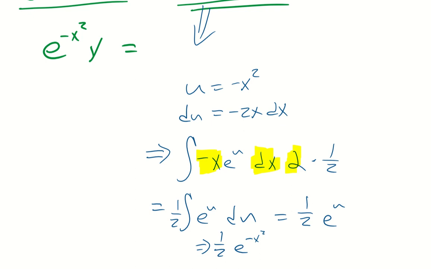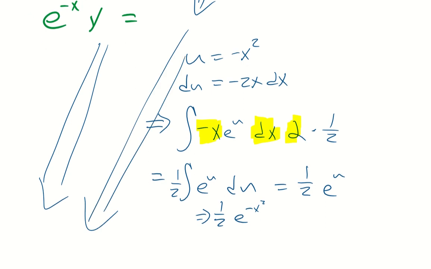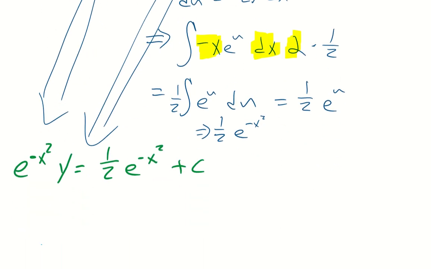So let's put this stuff together. We have e to the minus x squared power times y is equal to 1/2 e to the minus x squared power, and then we'll add our arbitrary constant. We want to solve for y. So let's just divide everything by e to the minus x squared power.